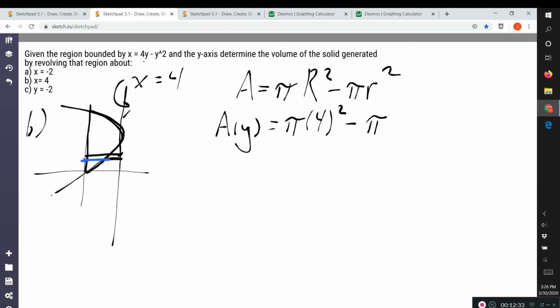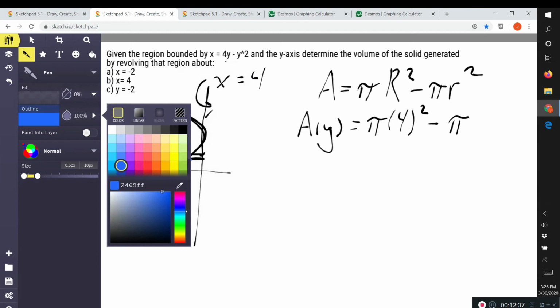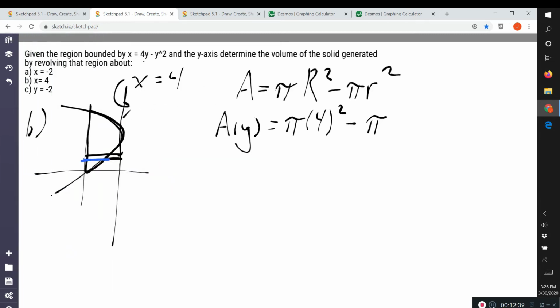So we have to use some geometric reasoning. And that reasoning is that if we have this whole section, which is 4, it's going to be equal to the short region plus the long region. The short region is what we want. That's our little r.